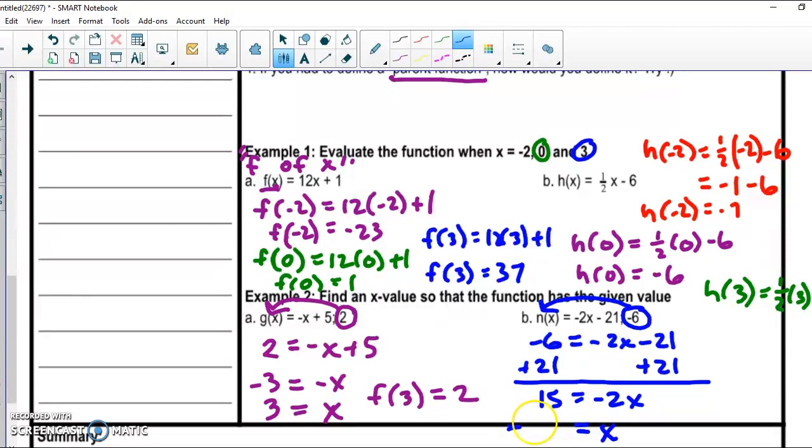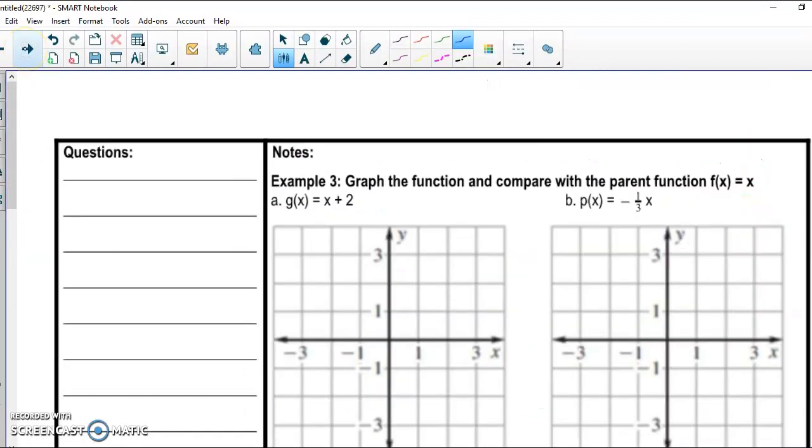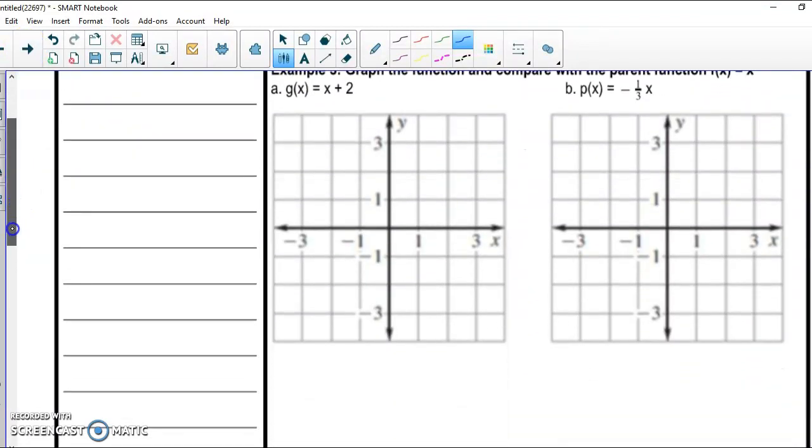And if I want to, I could go ahead and make it a mixed number or a decimal. So 15 halves would be the same as 7.5. So x equals -7.5. So I would say n of -7.5 equals -6.